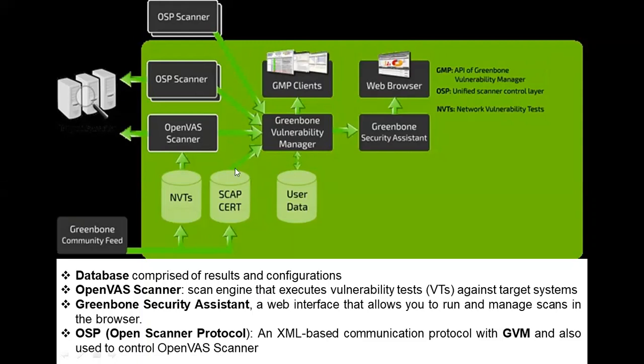For OpenVAS, it has the Greenbone Security Assistant, which is the web interface, just like the one I'm working on now for Nessus. Then the protocol used to integrate the various components is the Open Scanner Protocol. This is just how the architecture is.